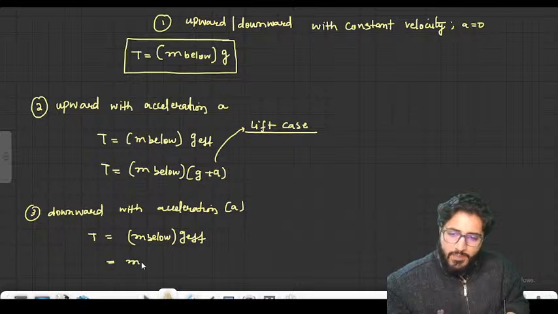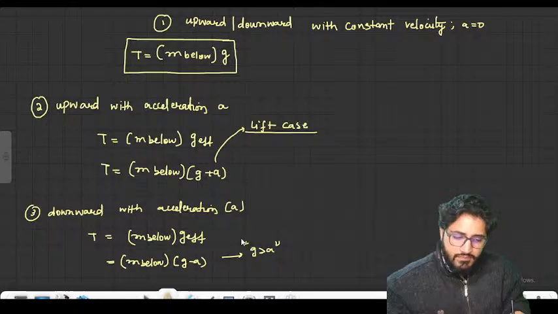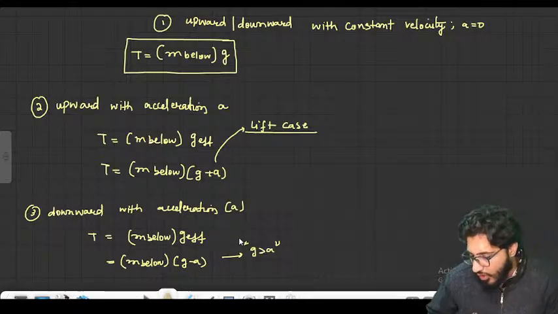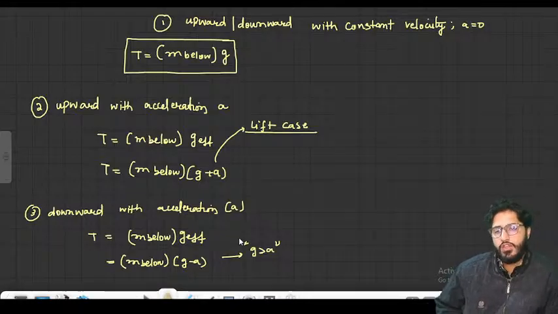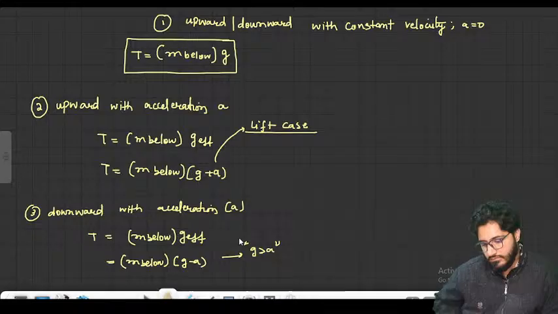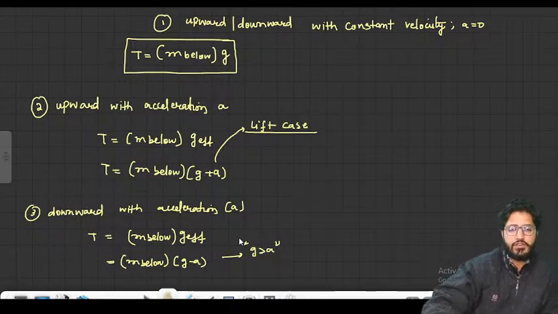So you can write mass below into g minus a. Why? Because g is more than a. Done? Easy or super easy? You just do the same thing that you are doing in the lift case. I guess this is very easy now. You can do it now.